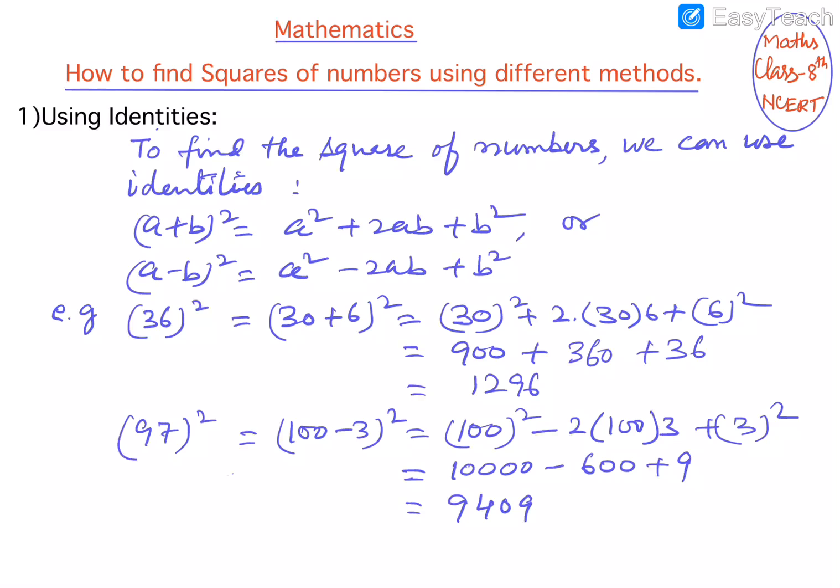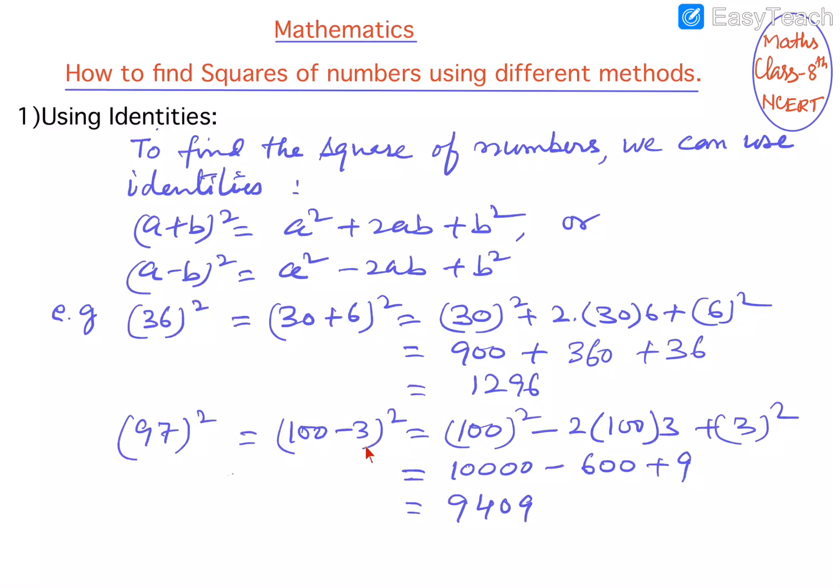Similarly, if we want to find out the square of 97, this can be written as 100 minus 3. Here we can write it also as 90 plus 7. Then we will apply this identity, and if we write 100 minus 3, then we will apply (a - b) whole square.